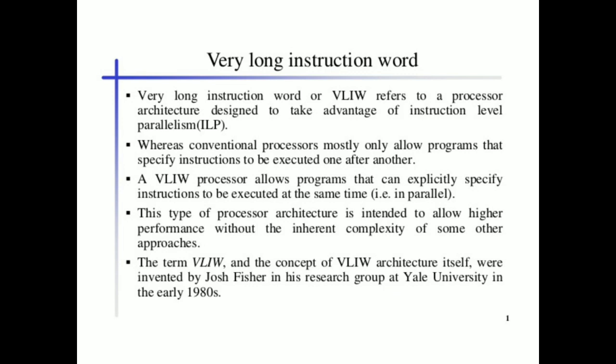So the length of the instruction increases with the number of execution units. VLIW instructions are usually at least 64 bits wide, and up to 1024 bits wide in some architectures.